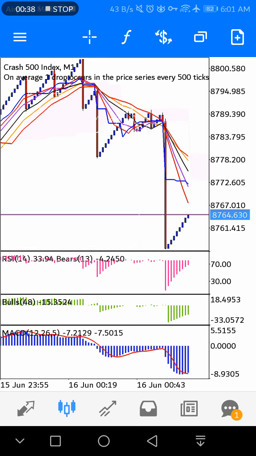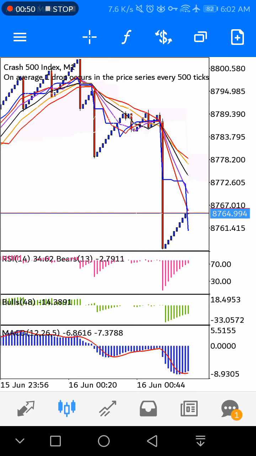Let me explain more about this strategy so you understand clearly how it works. This strategy is for milking spikes and also for milking trend candles, like crash for buy and boom for sell.